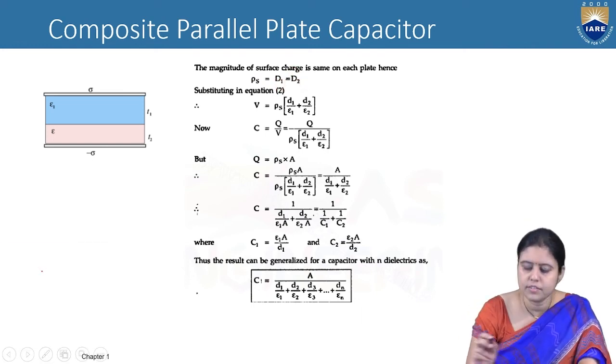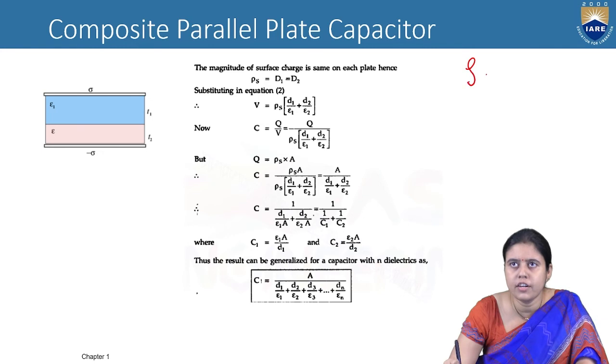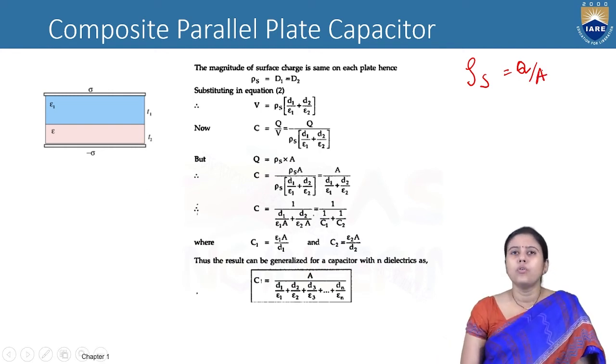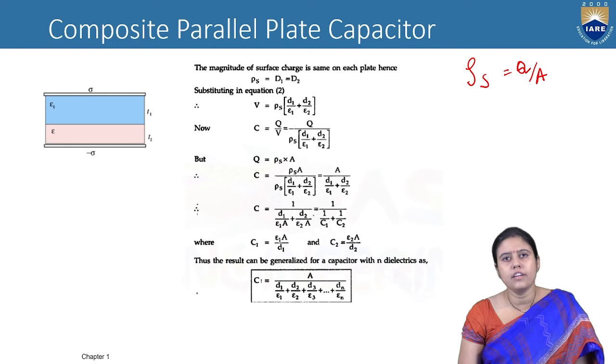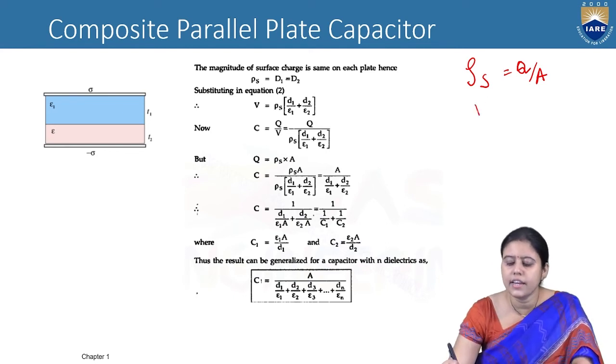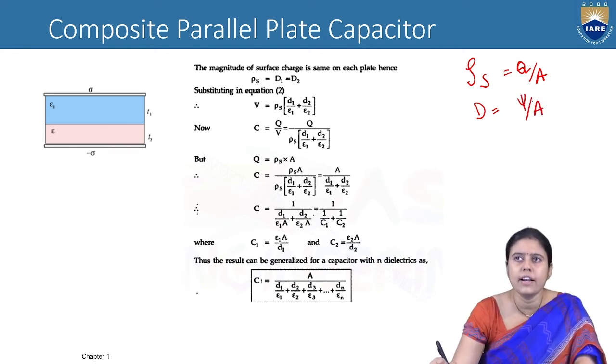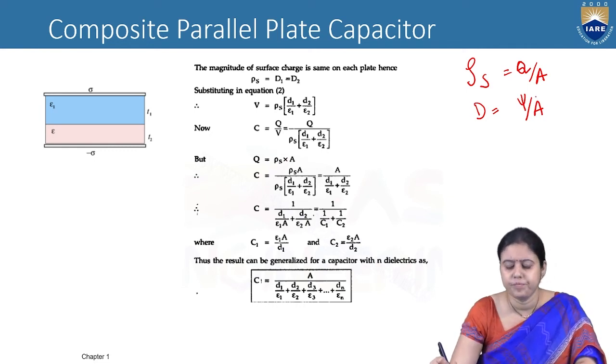Why? Because according to the definition, rho S is equal to charge per unit area. What is D? D means the flux density, psi by A. Psi is the number of flux and A is the cross surface area.